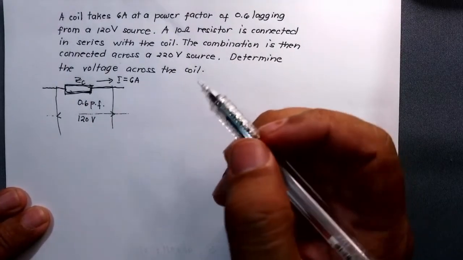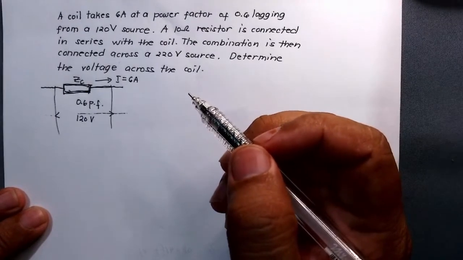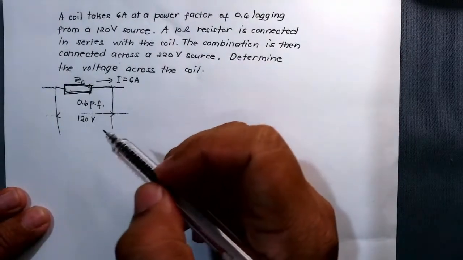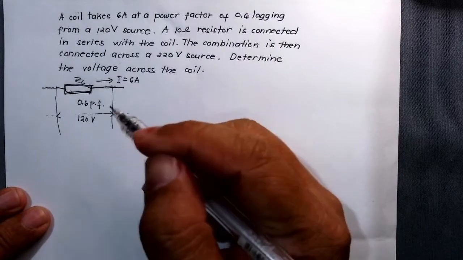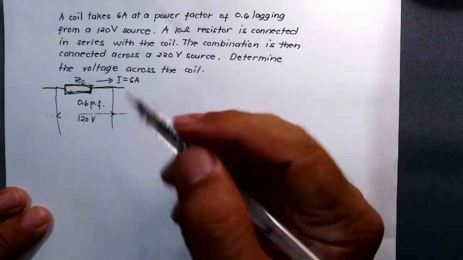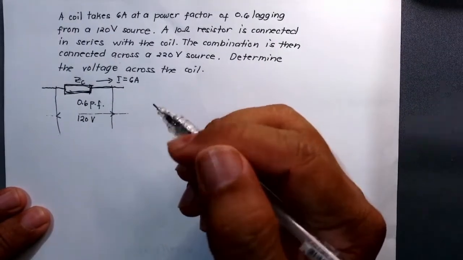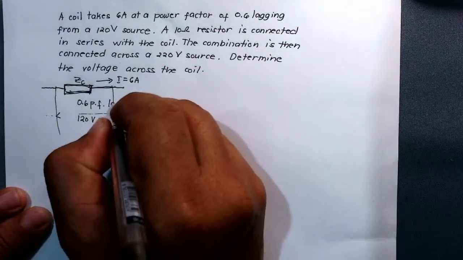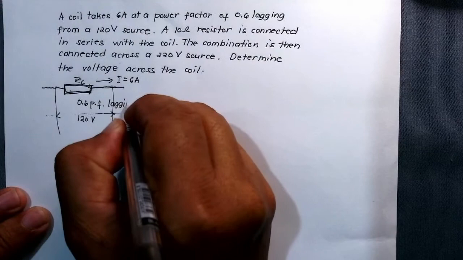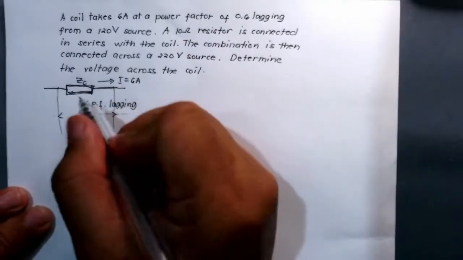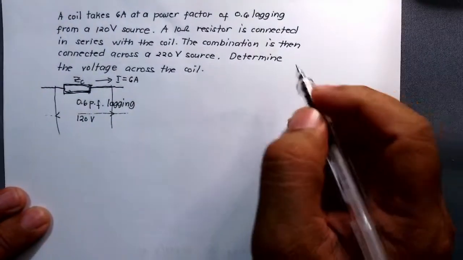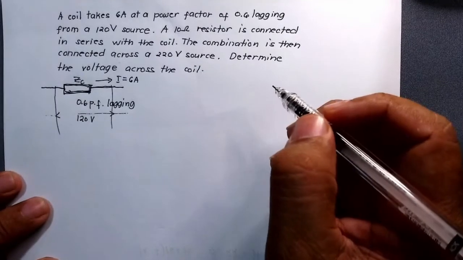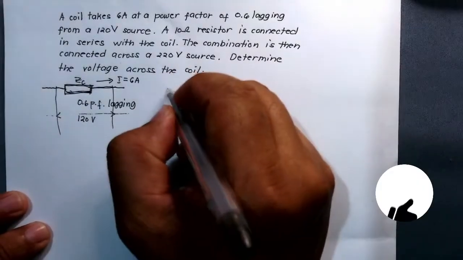By using Ohm's law, we can easily solve for the impedance of the coil at 0.6 power factor. By the way, this is lagging, which means that your coil is more inductive. So how do you solve for that?